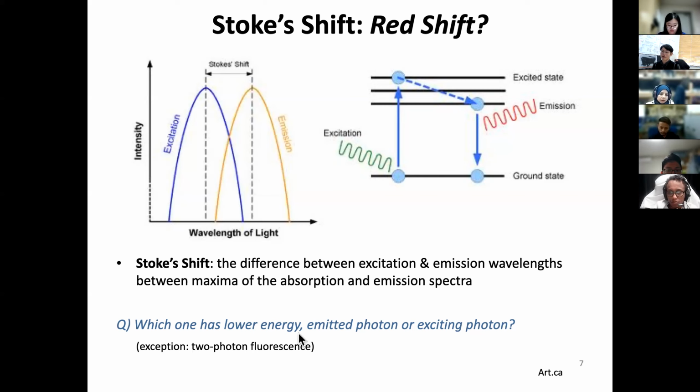Okay, so the question here is obvious. Let me ask a question to, let's say, Sada. Which one has low energy, emission or excitation, in a two-photon microscope?